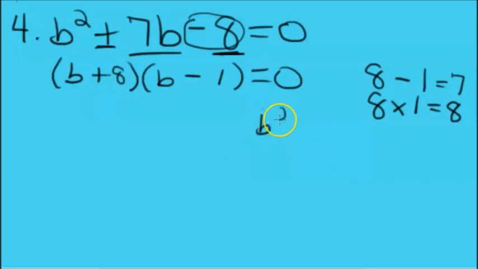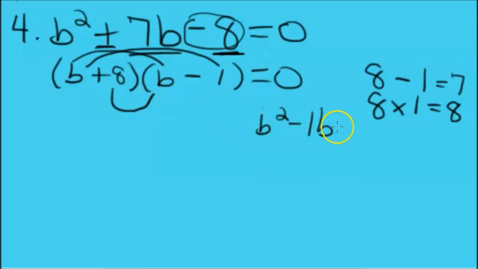So we have b squared. B times b is b squared. B times -1 is -1b. 8 times b is going to be 8b. And then 8 times -1 is going to be -8. Well, we already have -8.